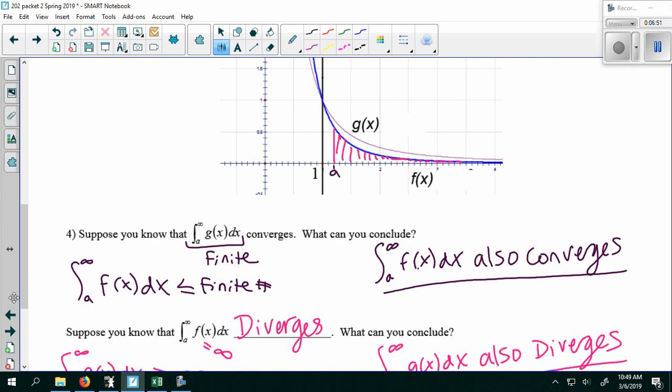If you know g diverges and f diverges, I don't think we can make a conclusion about it. In the instance where both g and f are divergent, I think it's possible that it would converge, and we would have to do a totally other analysis on it.